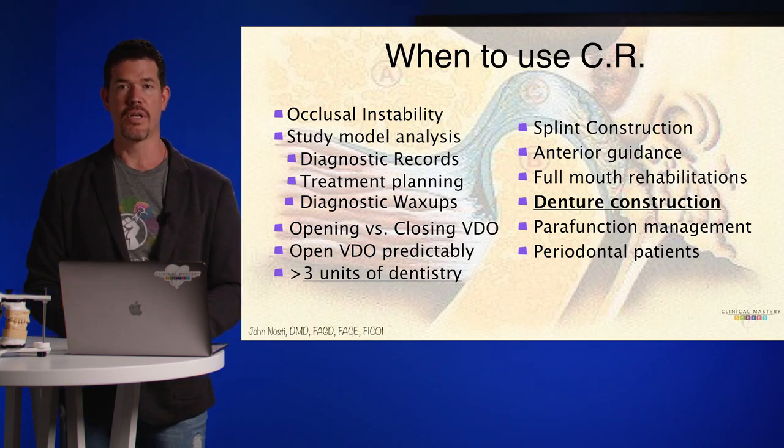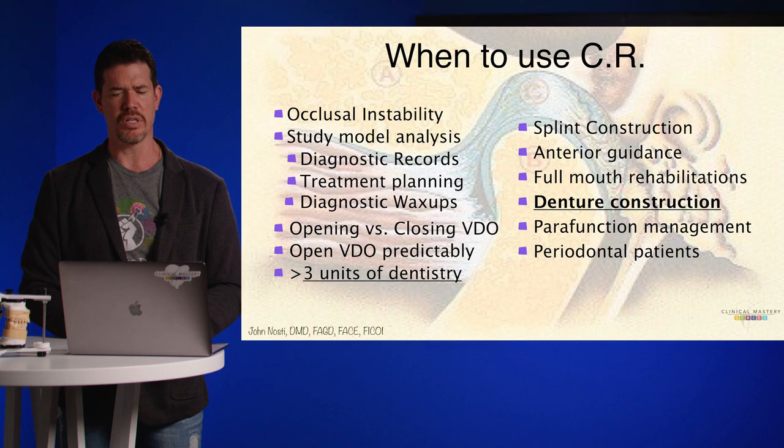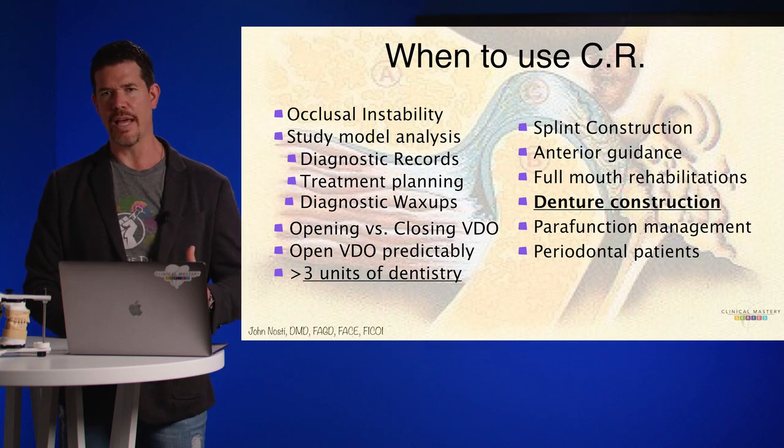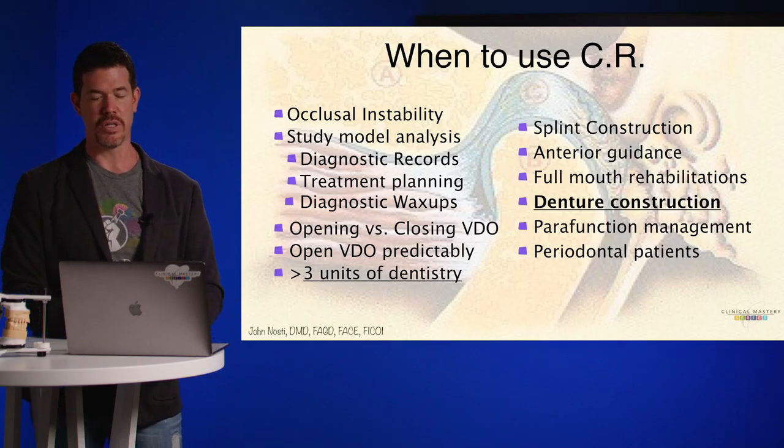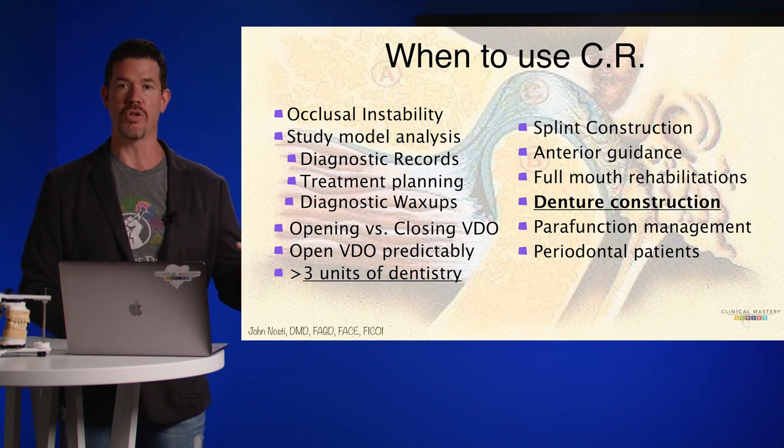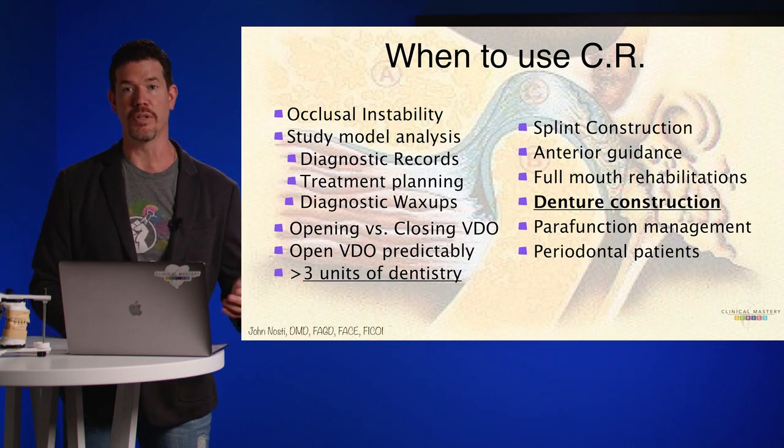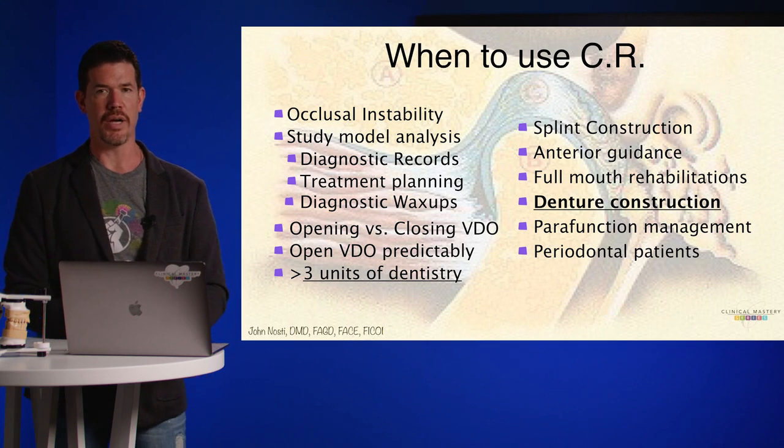Diagnostic wax-ups are from a centric relation position. I think you can start to get the gist of what I'm saying here. If I'm changing vertical dimension, I'm going to start from a centric relation position. And really, being able to open vertical dimension predictably is with a centric relation bite.